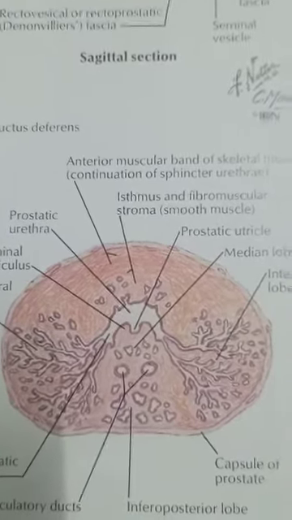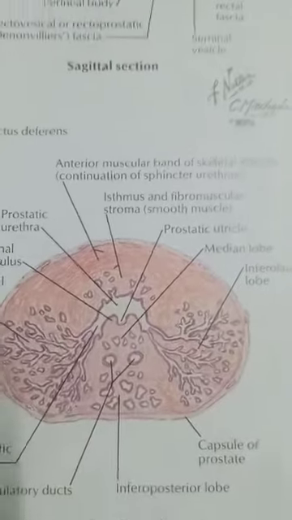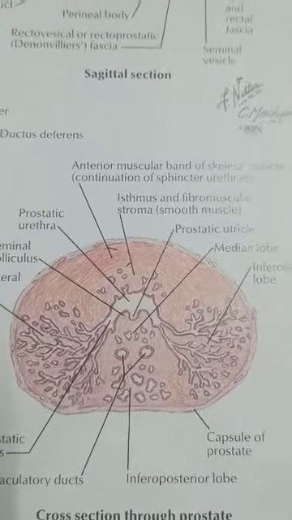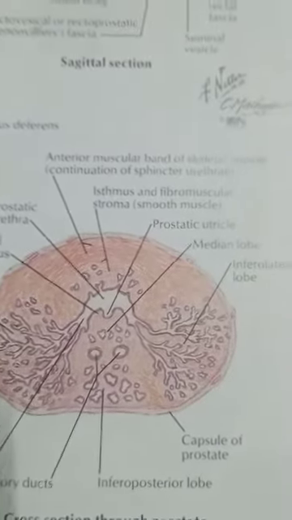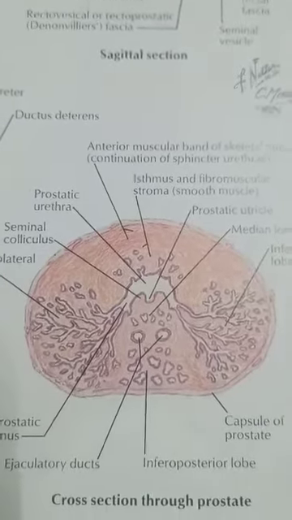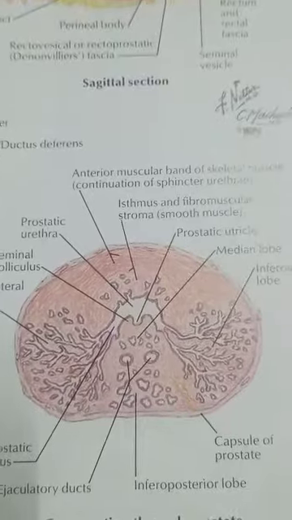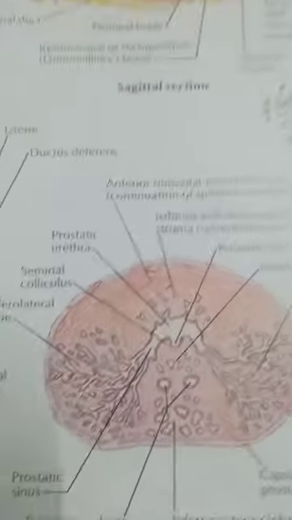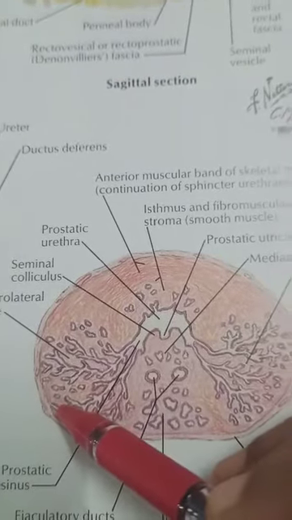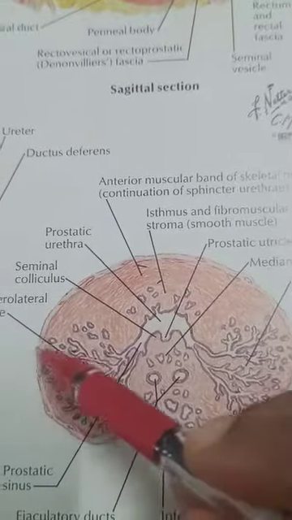Then the capsule of the prostate gland. The prostate gland has 2 capsules, a false capsule and a true capsule. The false capsule is derived from the endopelvic fascia, the pelvic fascia. So the outer one is the false capsule, derived from the pelvic fascia.